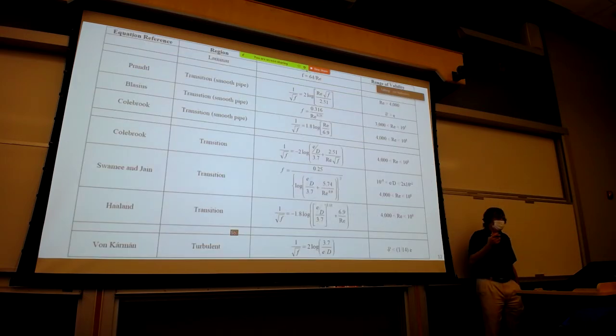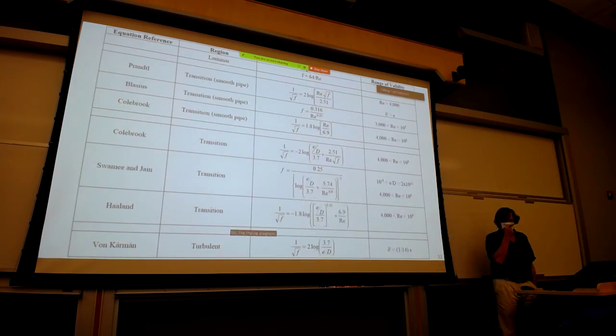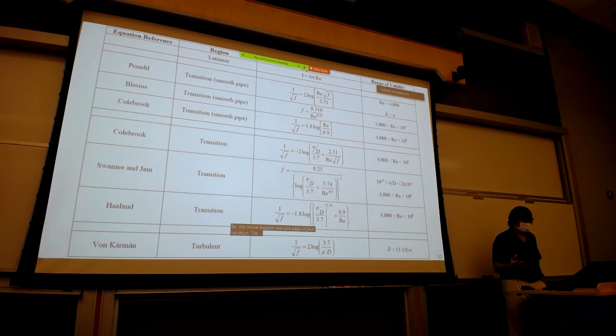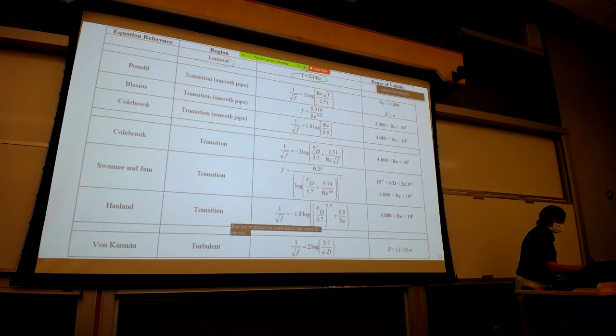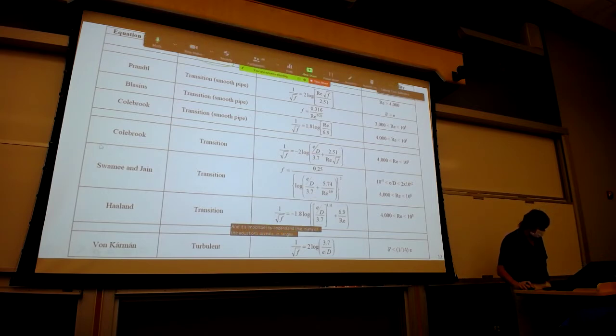So, the Moody diagram was one page of your handout. The other page of your handout were the different equations that are fitted to different pieces of the Moody diagram. And it's important to understand that many of the equations have caveats or ranges of variability.